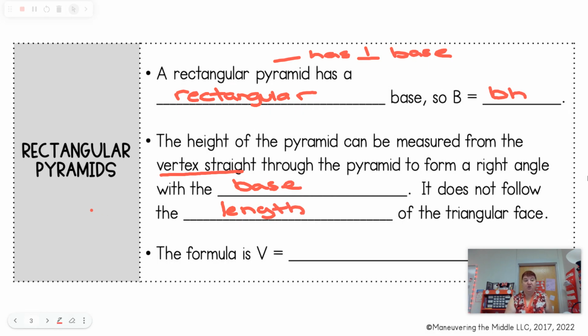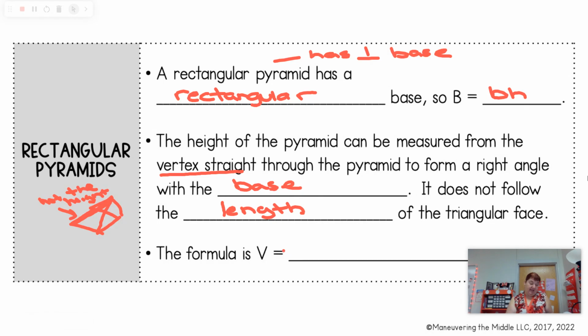So if you look at a pyramid, I want to show you this. We come up here, here, here, and here. These sides are not the height. The height is going to be this straight line going down from the V.